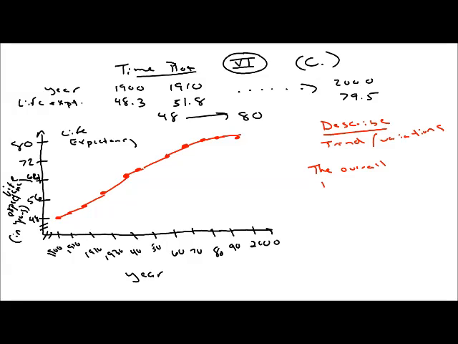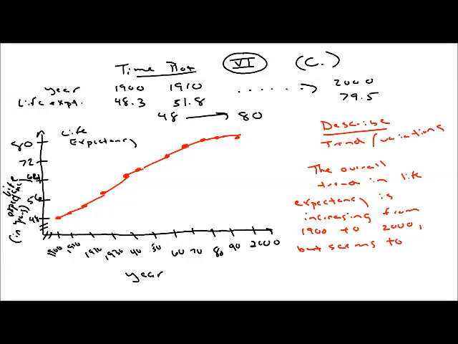The overall trend in life expectancy is increasing from 1900 to 2000, but seems to be leveling off at about 1980 to 2000. Okay, pretty easy.